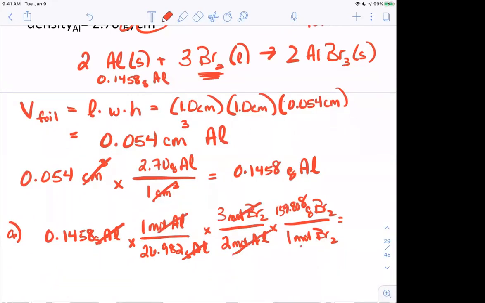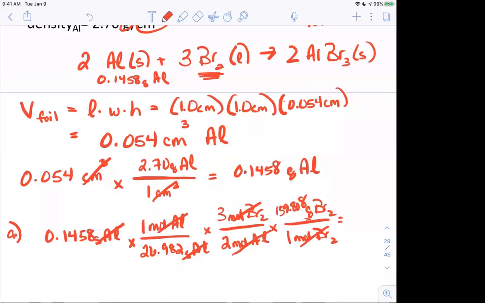Moles of bromine cancel with moles of bromine. I'm left with grams of bromine. So I am good. And what I am going to do is now plug this into my calculator to figure out the answer.